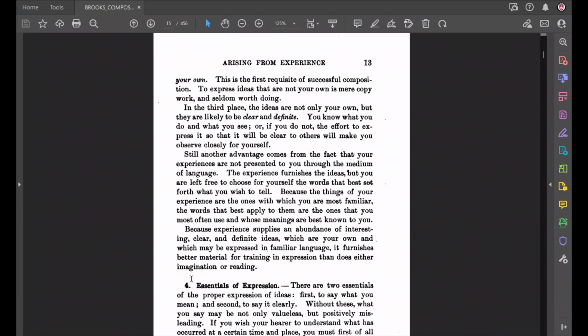Because experience supplies an abundance of interesting, clear, and definite ideas which are your own and which may be expressed in familiar language, it furnishes better material for training in expression than does either imagination or reading.